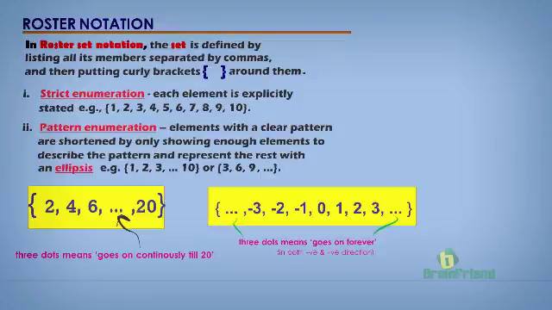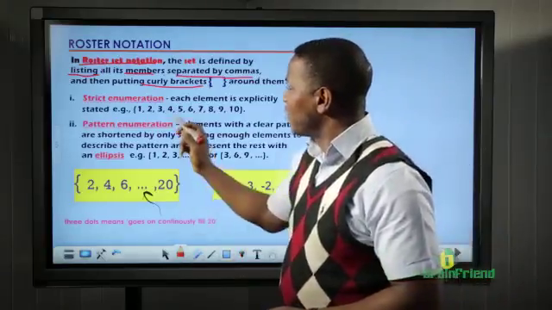The roster notation. In the roster set notation, the set is defined by listing all its members, separated by commas, and then putting curly brackets around them. So we have an example.